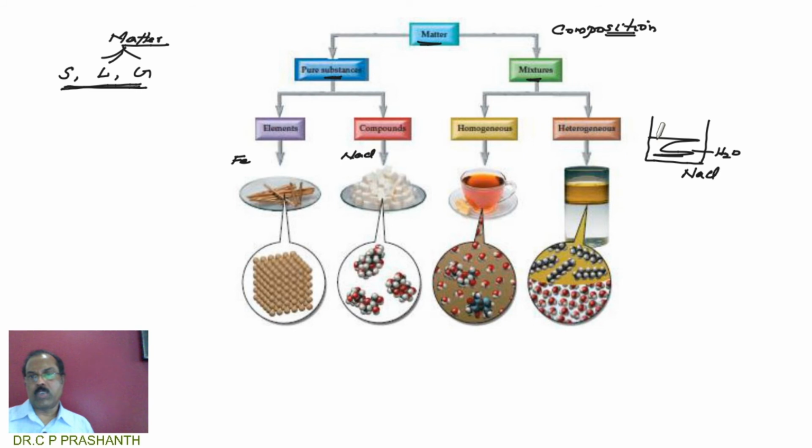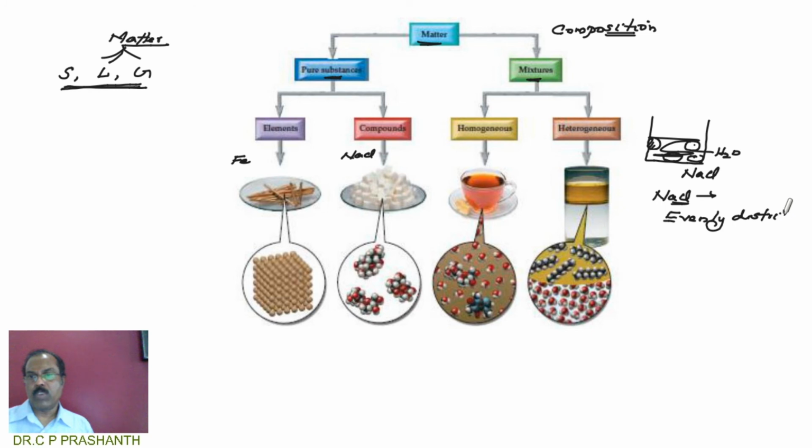Now if we taste this solution from different parts, you'll find the taste is the same, which means the amount of sodium chloride present at different parts of the solution is the same, which means sodium chloride is evenly distributed.